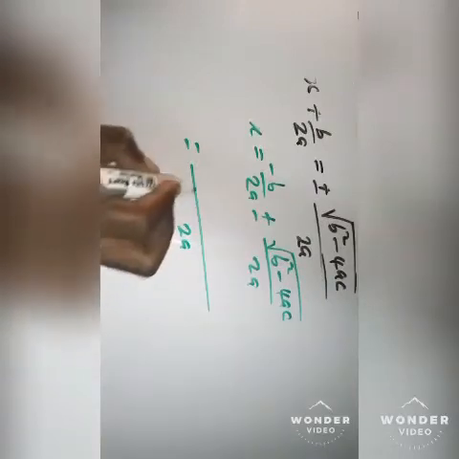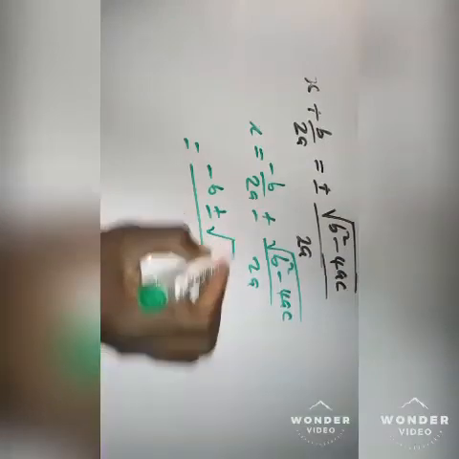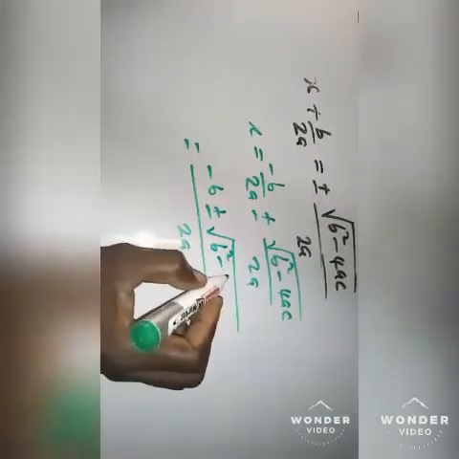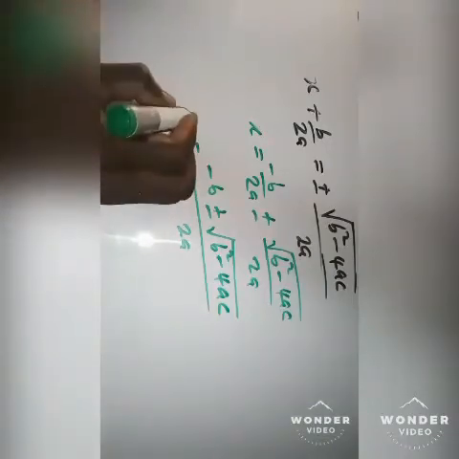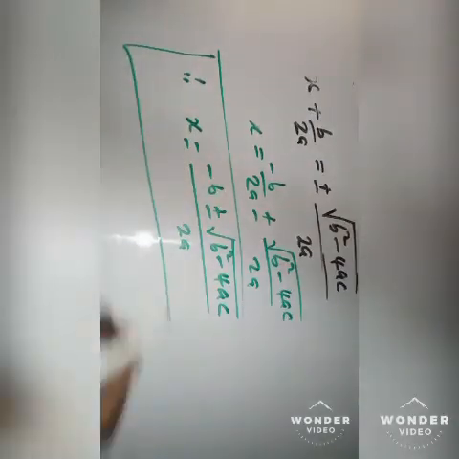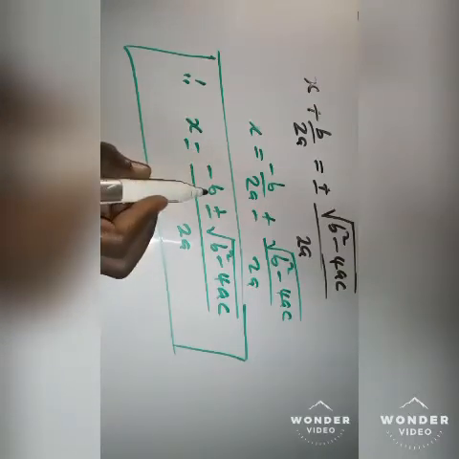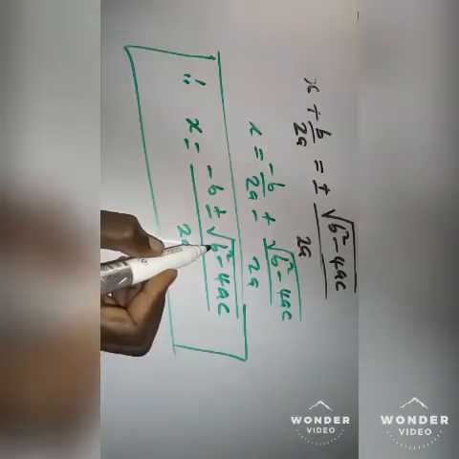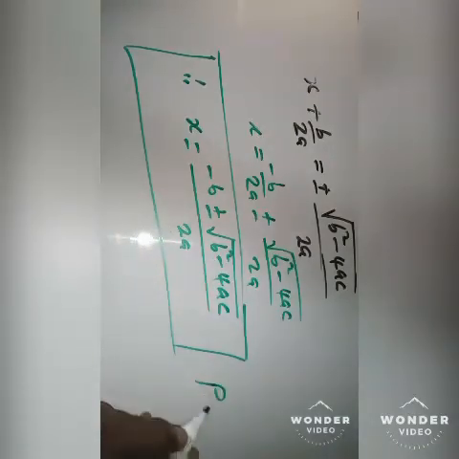I add whatever is on top, that is negative b plus or minus square root of b squared minus 4ac. Okay, so finally the root of the equation is now x equals to negative b plus or minus square root of b squared minus 4ac all over 2a, which is being proved. Thank you very much.